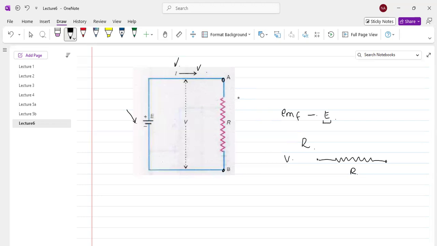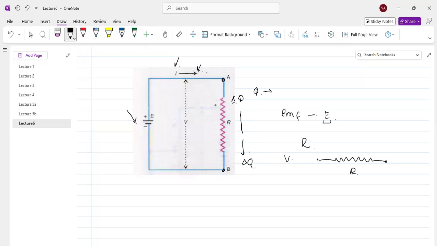When current flows through the battery, through the wire, through the resistance, this means that charge Q passes through the resistor. The battery uplifts the charge Q. Let's suppose a small charge delta Q is moved by the battery from the high potential end to the low potential end.